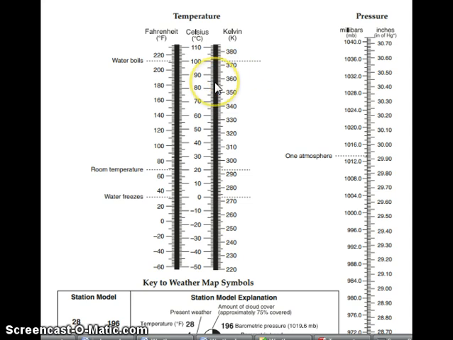So let's say, for instance, the temperature is 30 degrees Celsius. So what we would do is we'd come down the Celsius, the center, and we'd find 30. And from here, we would then look over and we go straight across to see how many degrees Fahrenheit it is, and we'd go straight over to the right over here to see how many degrees Kelvin that is.